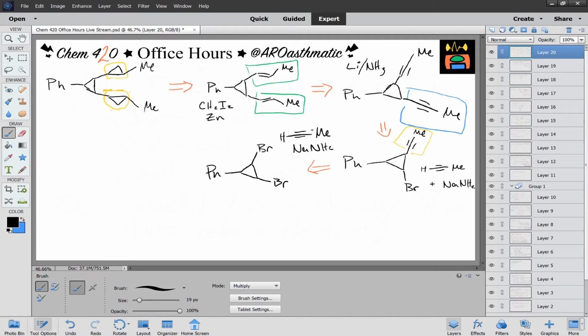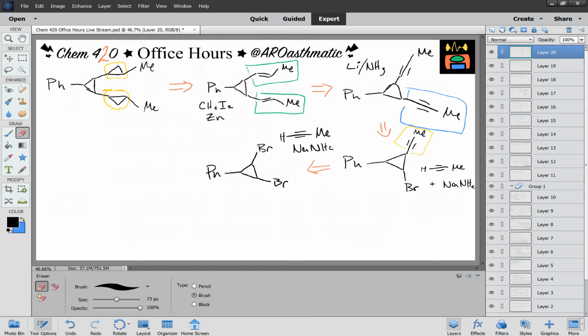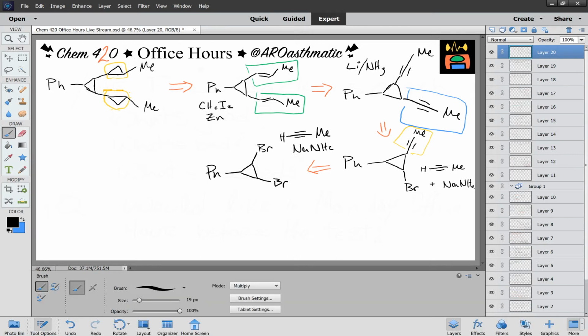All right, so now we're almost there. We're almost home, right? The question is, how do we get this product from our initial substrate, which is 1-phenylcyclopropane?